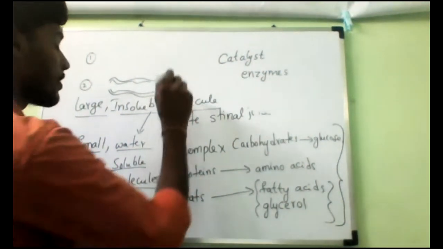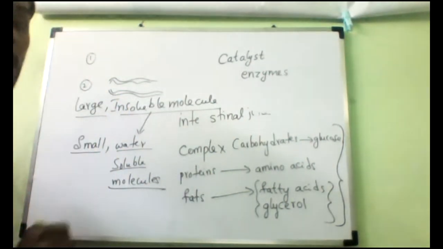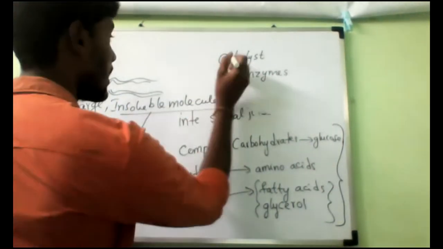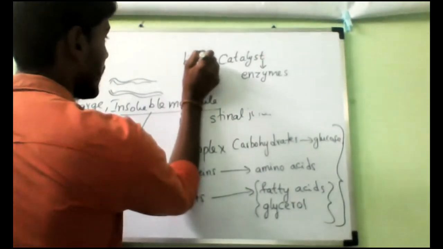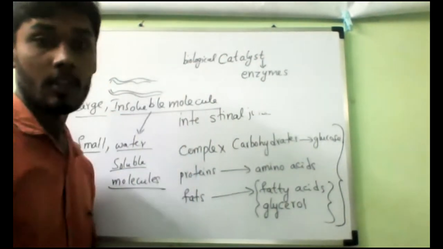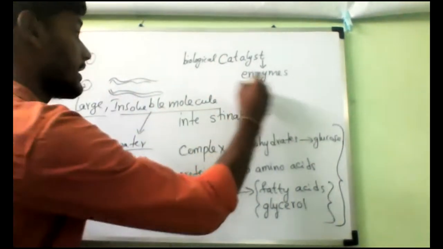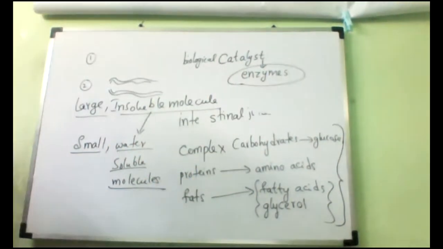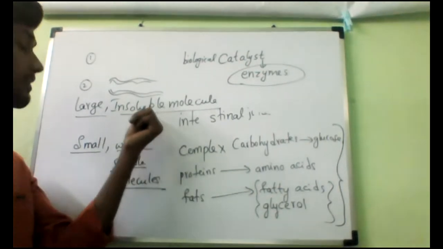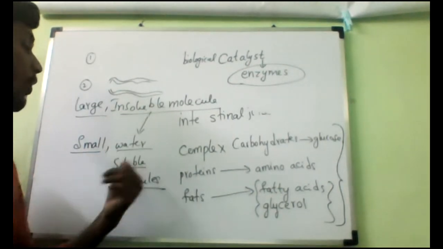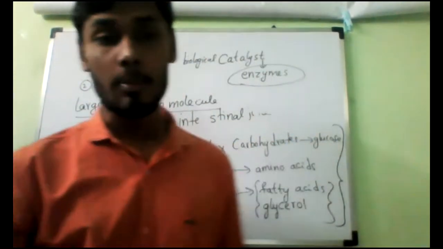That is why digestion is called a chemical digestion, a chemical process. The biological catalyst involved in this chemical digestion is enzymes. So now our food, a complex insoluble molecule, is converted into small water soluble molecules. With this the digestion process is completed.